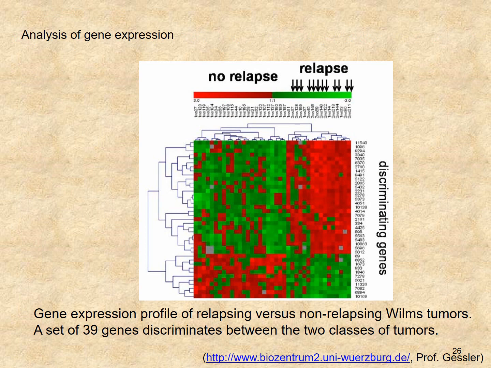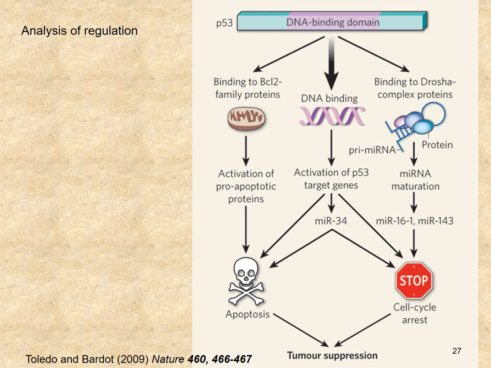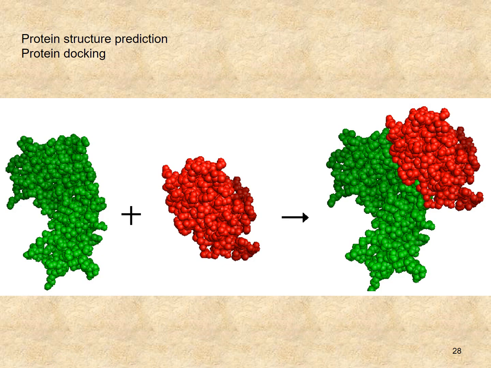We can also use bioinformatics for analysis of gene expression. Gene regulation can also be studied by using bioinformatics tools. One of the most important and striking applications of bioinformatics is protein docking.